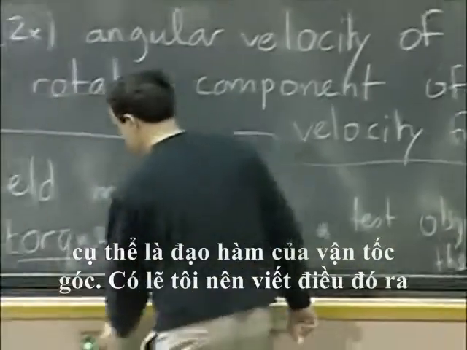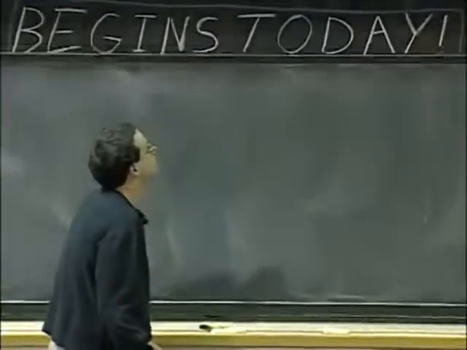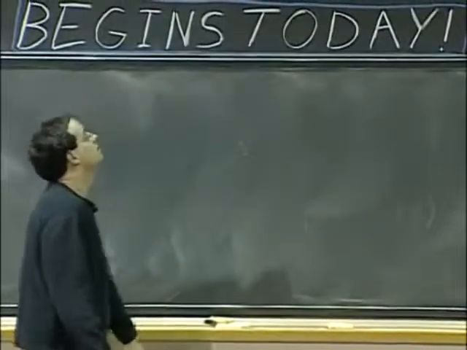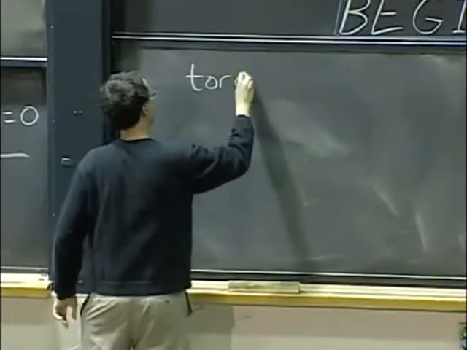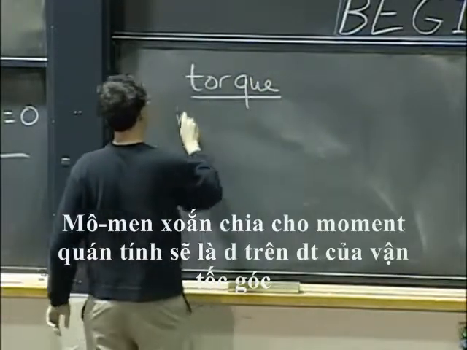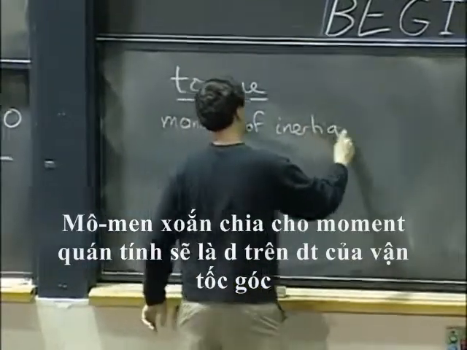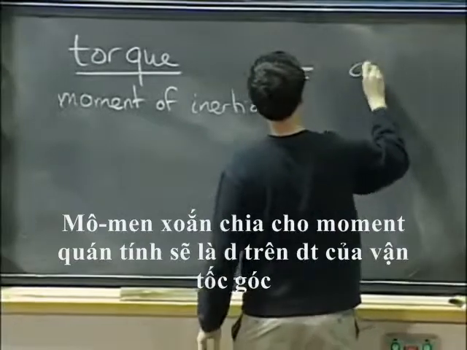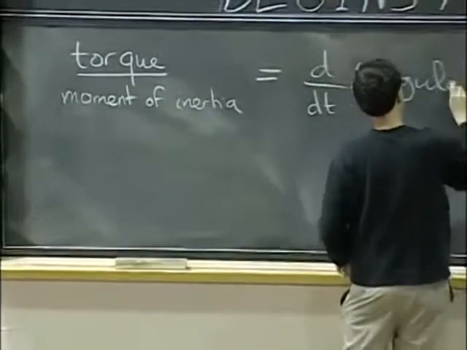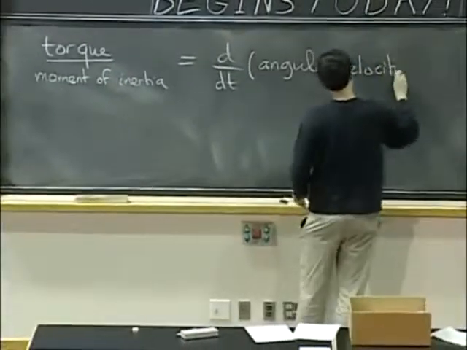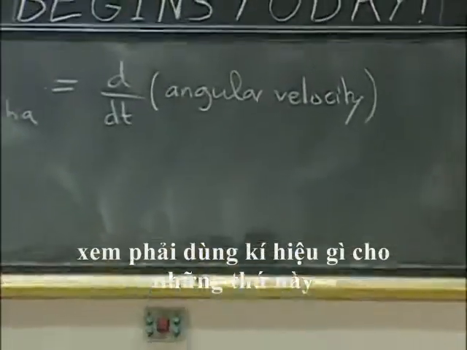Maybe actually I should write that down. Okay, so torque divided by moment of inertia is going to be d dt of angular velocity. I leave it up to your physics teachers to decide what letters to use for all these things.